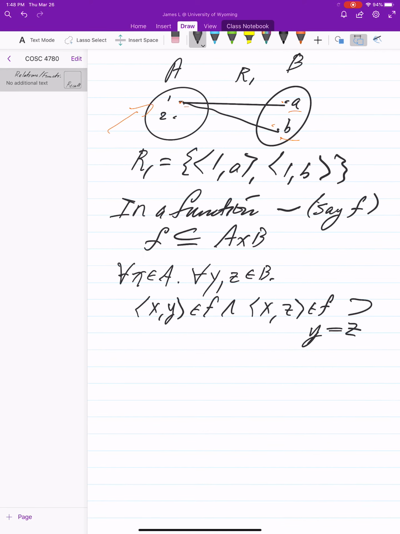So this property here is called functionality.